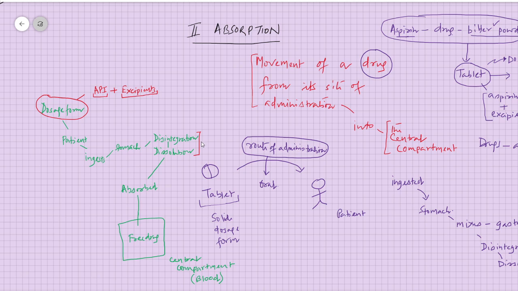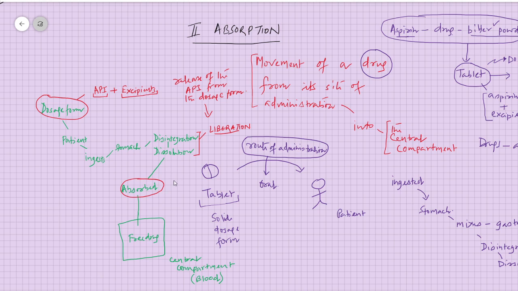Therefore this step is called liberation. What is liberation? It is the release of the API from the dosage form. So the drug gets liberated, and after liberation, it gets absorbed.